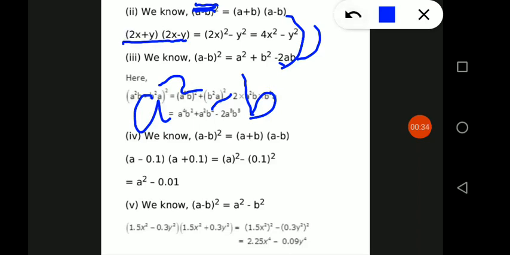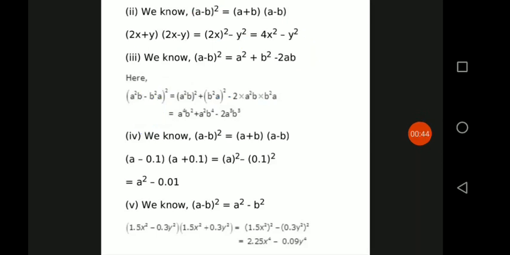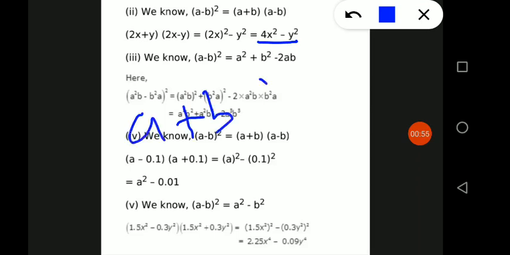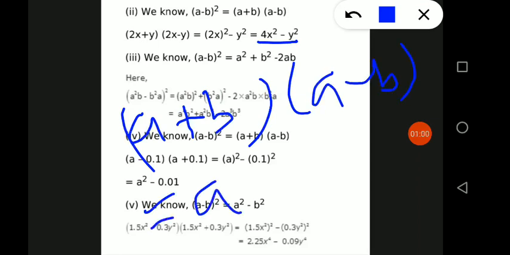So a square means (2x) square and b square means y square. So finally we get our answer as 4x square minus y square. Okay, remember students, always (a plus b) into (a minus b) is equal to a square minus b square. Understood?